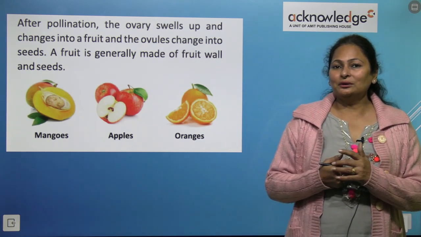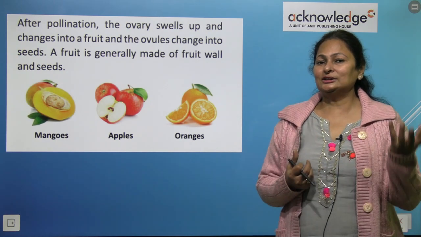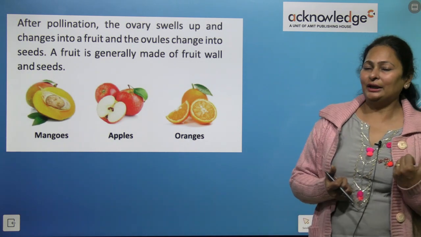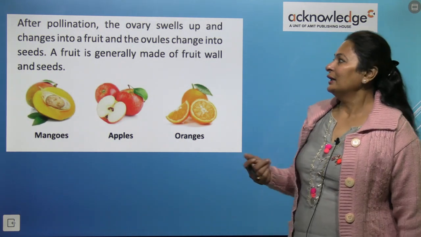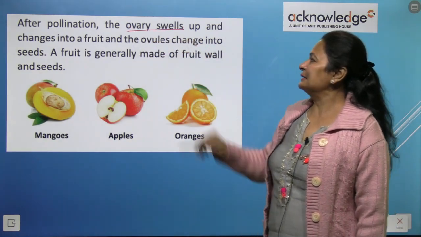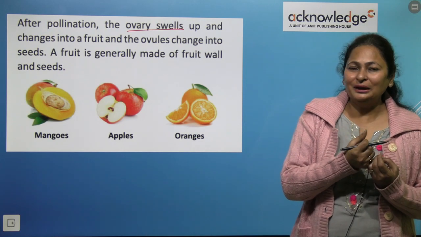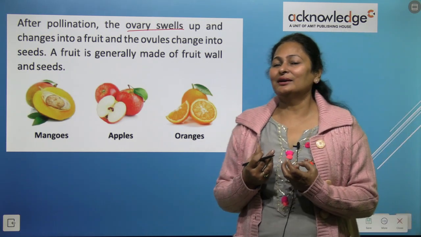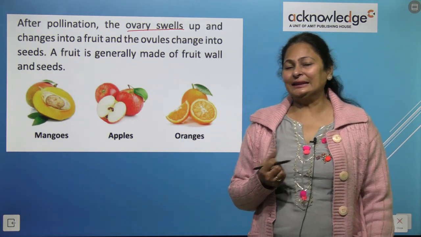Now you got to know why only some flowers change into fruits. This is because of the pollination. So after pollination, what happens? The ovary swells up and changes into fruit, and the ovules that are present in the ovary change into seeds.